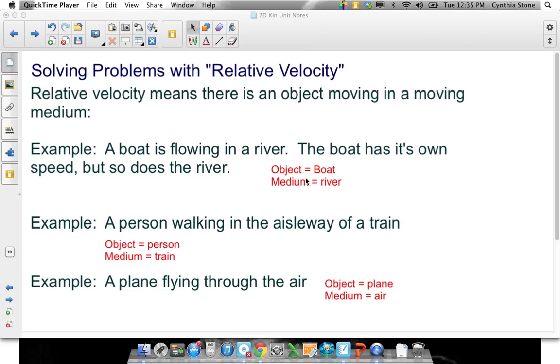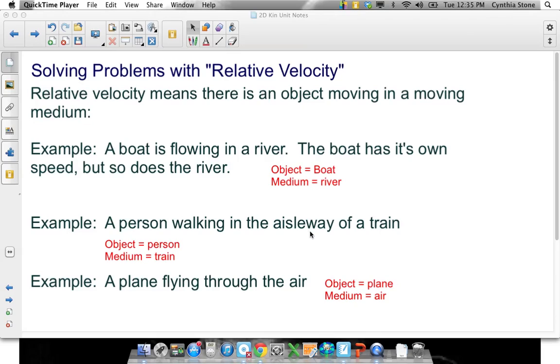It has its own speed, what it could travel at if the river was still, had no current. But as soon as the river has its own current, the resulting velocity of the boat changes, right? The velocity of the boat ends up being a sum of its regular speed without any water current, plus where the water current pushes it. And these are the questions we're talking about.